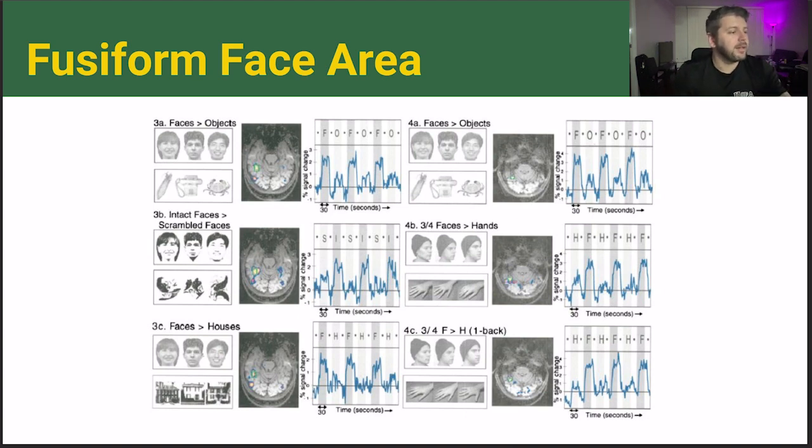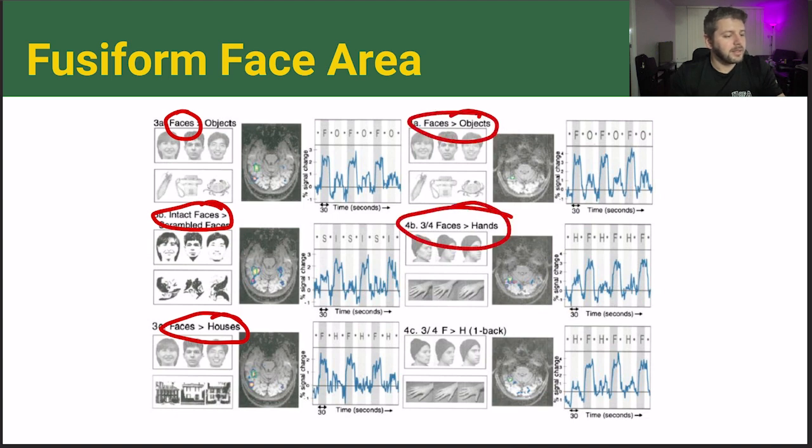Here in each of these, we see a contrast between faces and another category: faces versus houses, faces over scrambled faces, faces over objects, faces over hands, and again faces over hands but with a slightly different measurement.